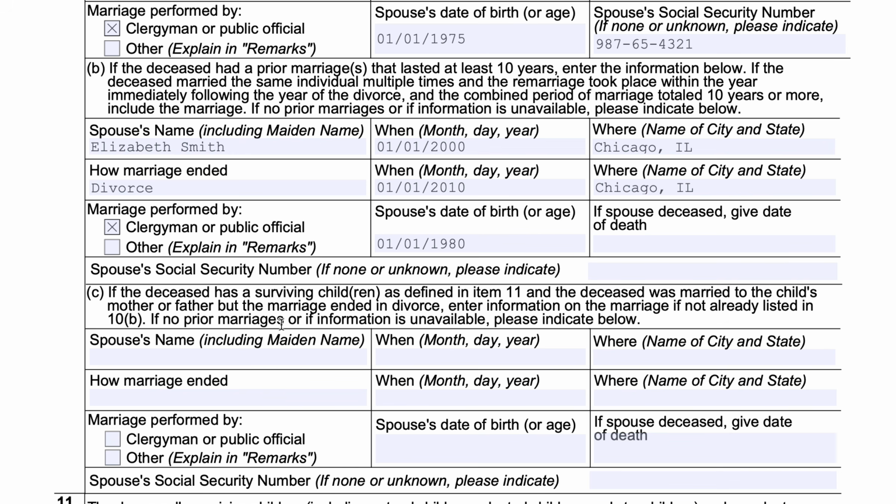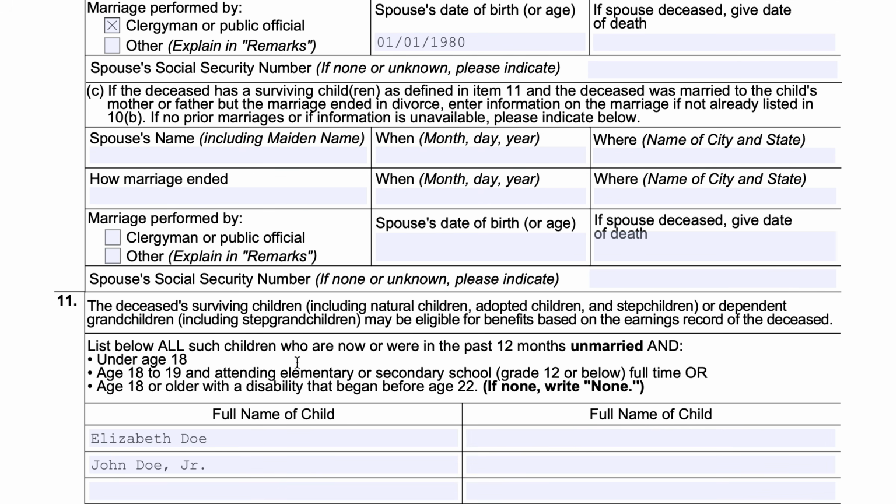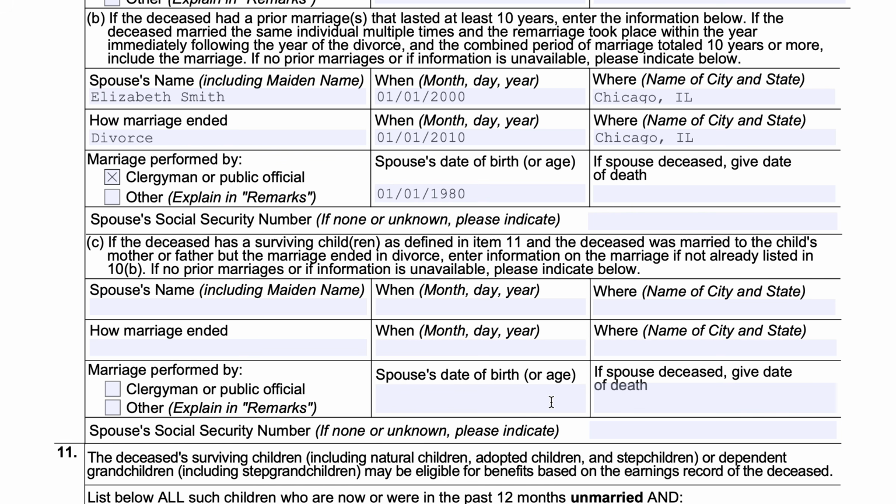In item 10C, this would be if the decedent had surviving children, because this is where we're going to put the surviving children information, and the deceased was married to the child's mother or father, but that marriage ended in divorce, then you would enter in this information here. So we can't use Elizabeth Smith because it specifically says if it's not already listed in item 10B.